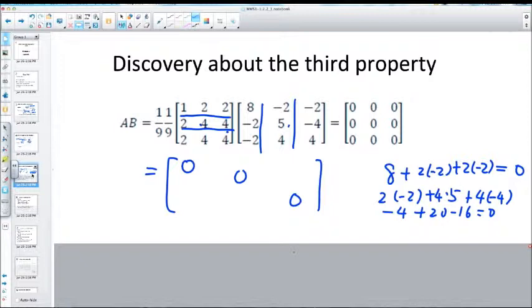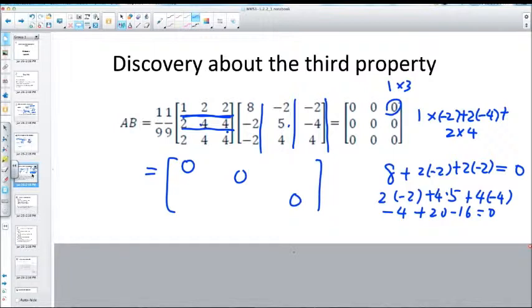I'm going to check one more. Let's select the first row, third column. Then we have 1 times -2 plus 2 times -4 plus 2 times 4.